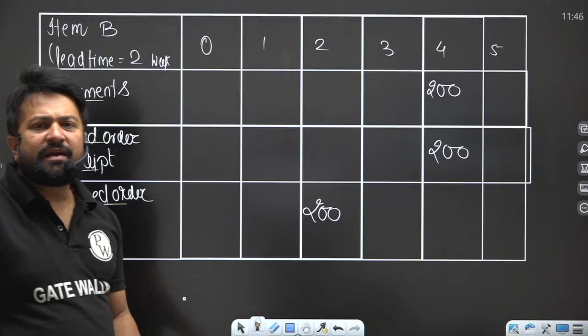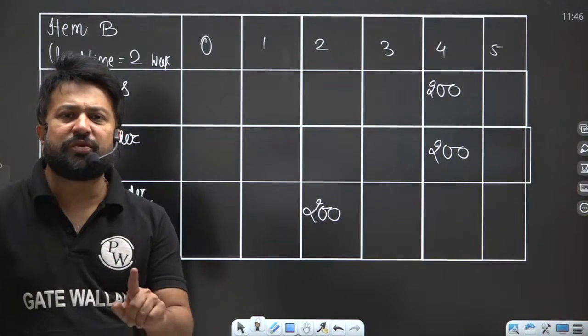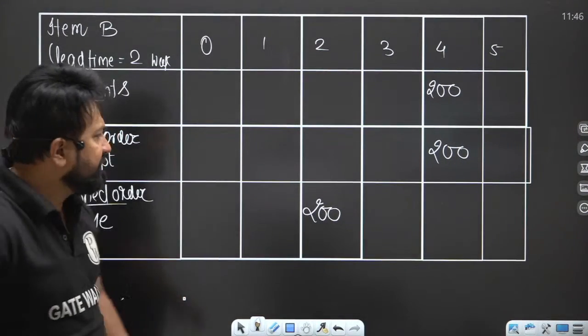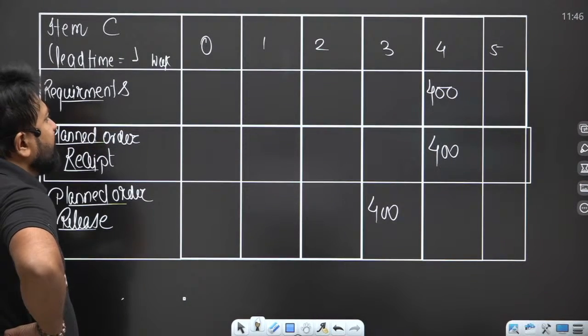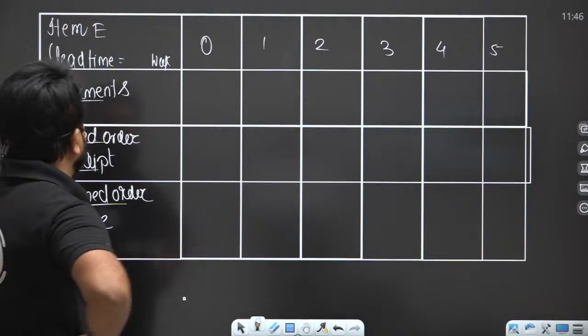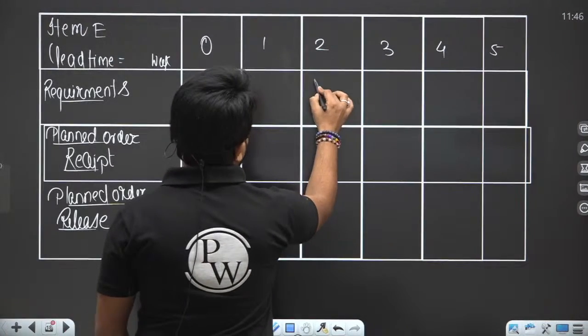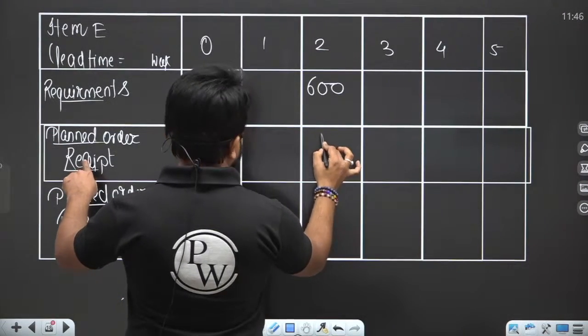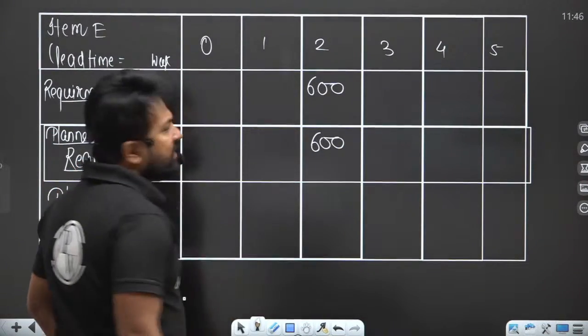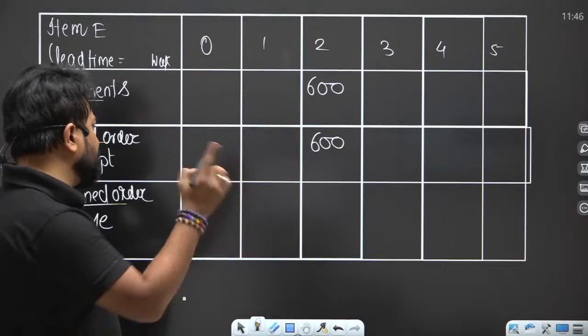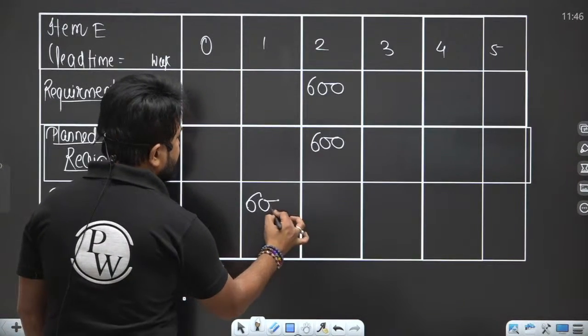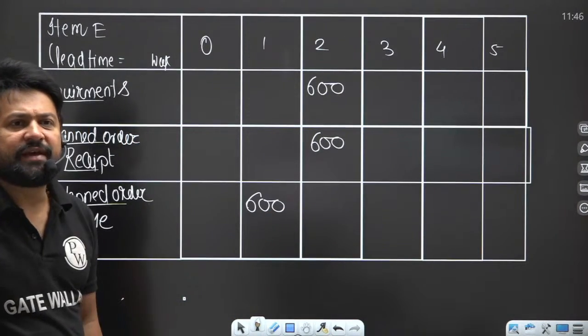So E should be required in the 2nd week, that is 600. It should be received at 600. The lead time of E is 1 week before, so it should be released in the 1st week. Am I clear?